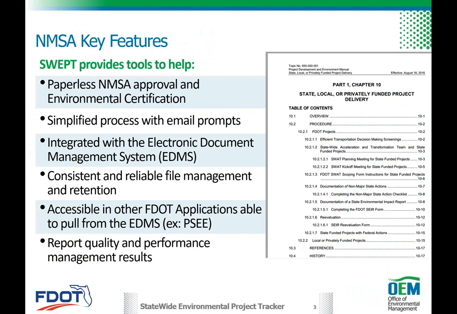It routes through and receives district level approval, and you can also create the state version of that environmental certification. Because it's all electronic, it's going to be passed through the process, so you could have a data entry person creating it or a project manager creating it and then electronically passing it up to the district environmental manager for signature.